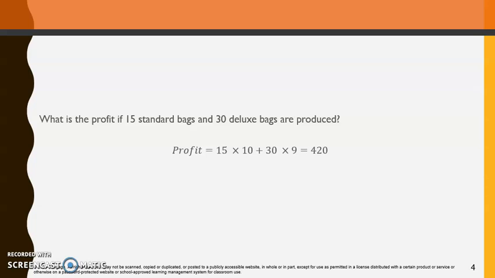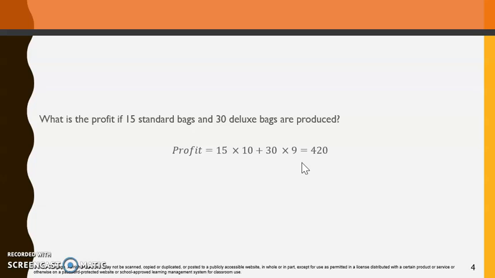It would be 420. As you can see, 15 times 10 plus 30 times 9. 15 is the number of standard bags, 30 is the number of deluxe bags, and 10 is the profit of the standard bag, and 9 is the profit of the deluxe bag. So the total profit would be 420.